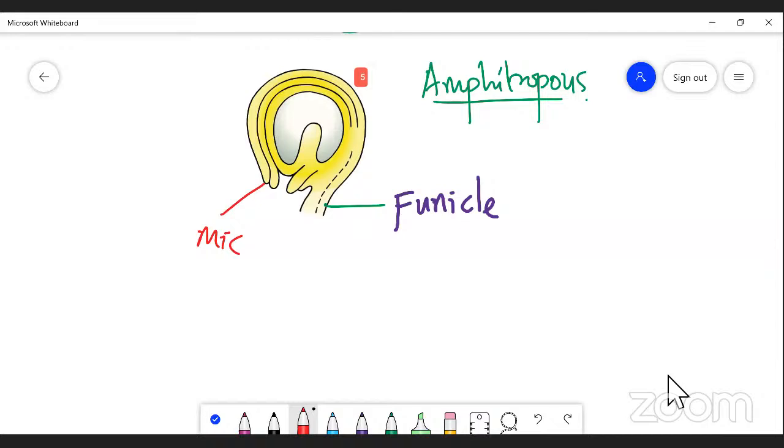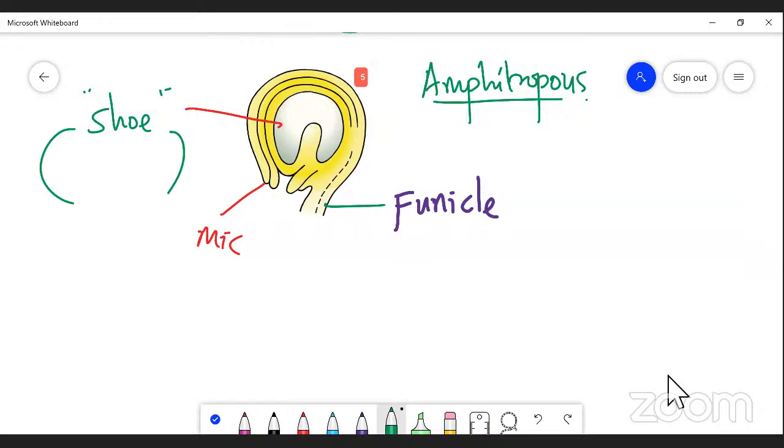As a result, we can see the body of the embryo sac becomes like a horseshoe shape, right? A shoe of a horse, you can see. Because the shape of the embryo sac is totally bending, it becomes like a horseshoe shape.